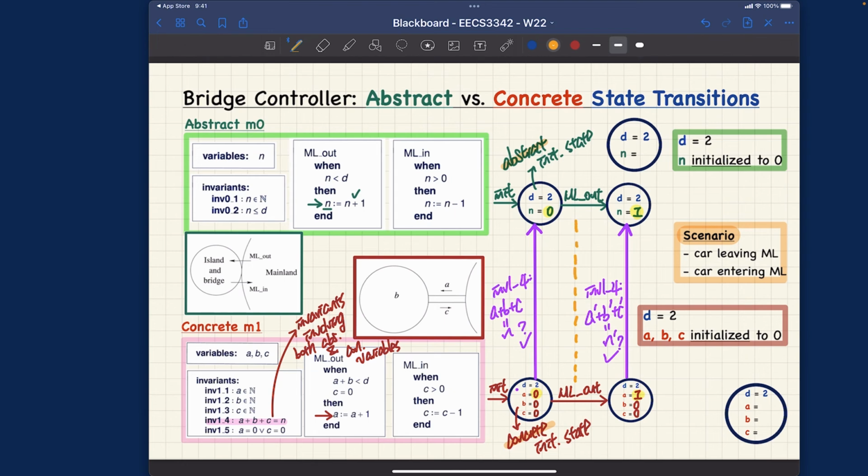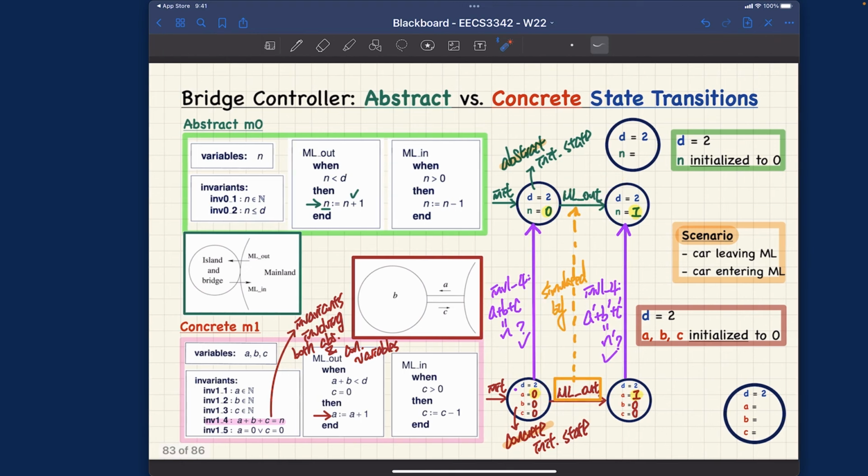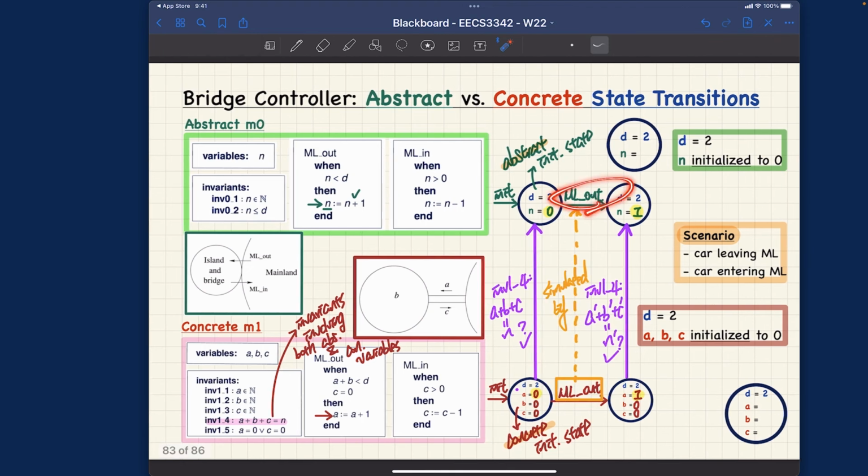This is what we are trying to show. So the concrete is actually simulated by the abstract, or you can say the abstract events simulate the concrete events. That's the terminology that we will also use in the later context.